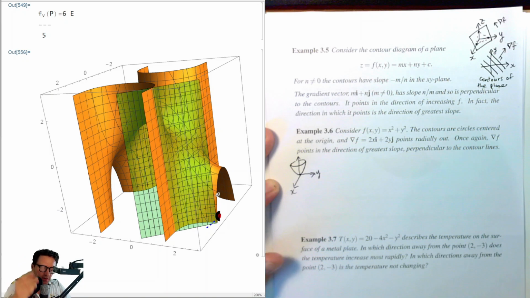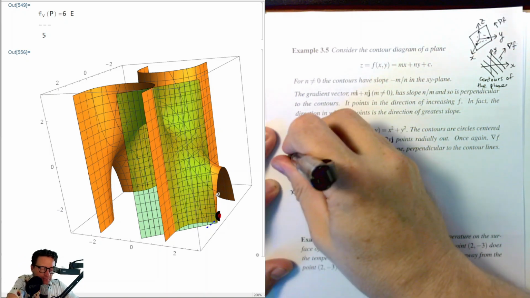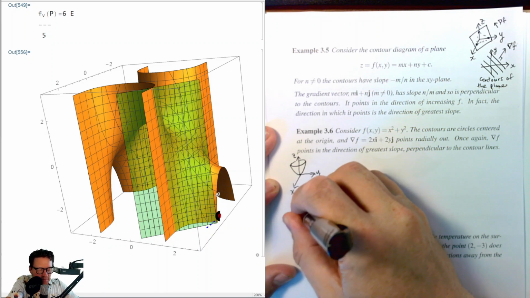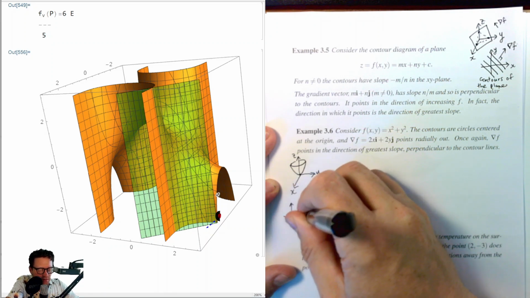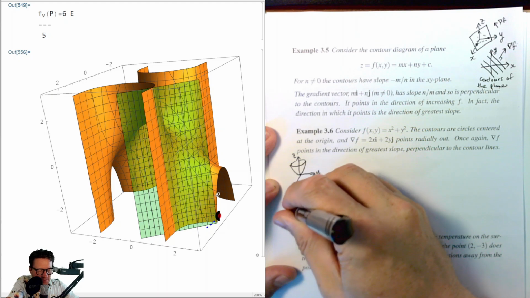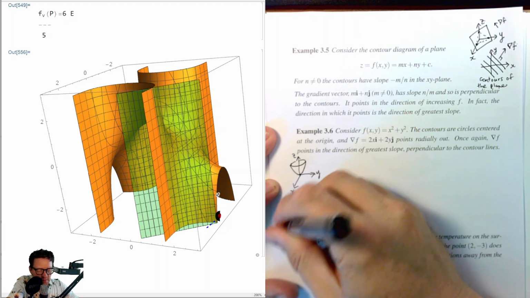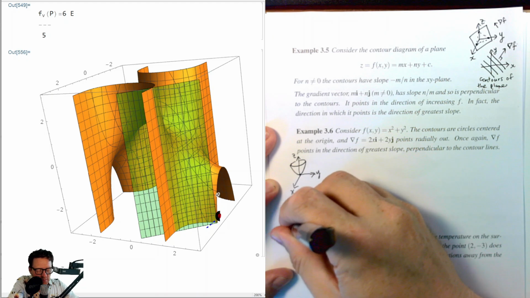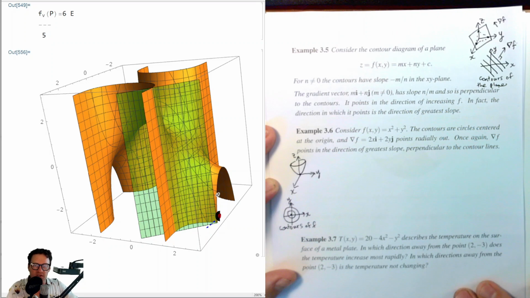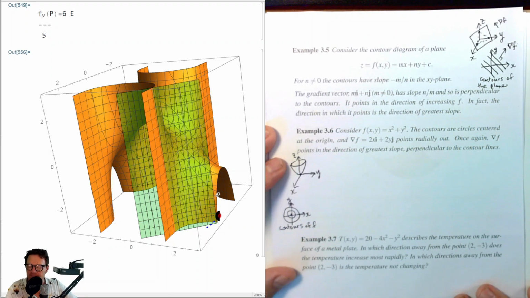So the contours are circles. This is our Z. Okay, so let's draw the same surface with a contour diagram. So we've got concentric circles. So these are the contours of f, looking something like that.